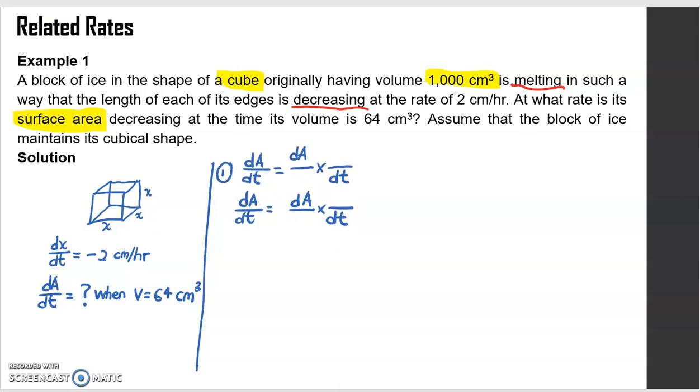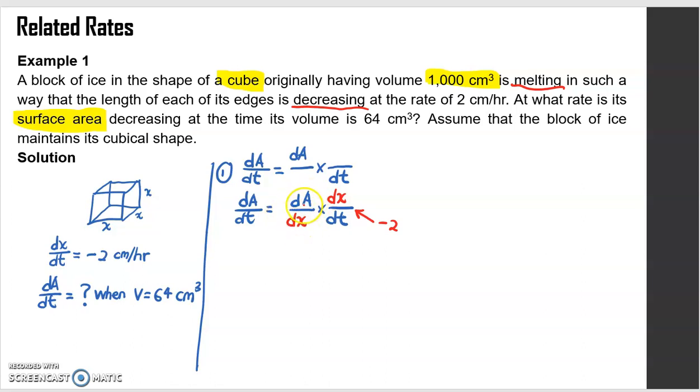What I'm going to substitute comes from the information I have: dx over dt is equal to negative 2. Now I just concentrate on finding dA over dx, differentiating A with respect to x.